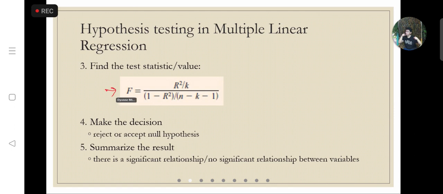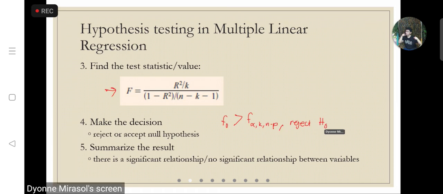If your test value is greater than your critical value, you will reject the null hypothesis. But if not, you will accept the null hypothesis.